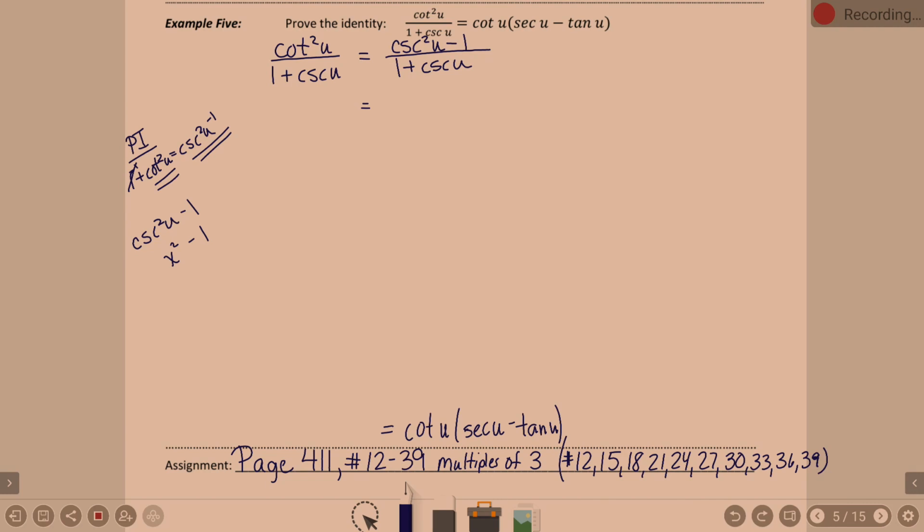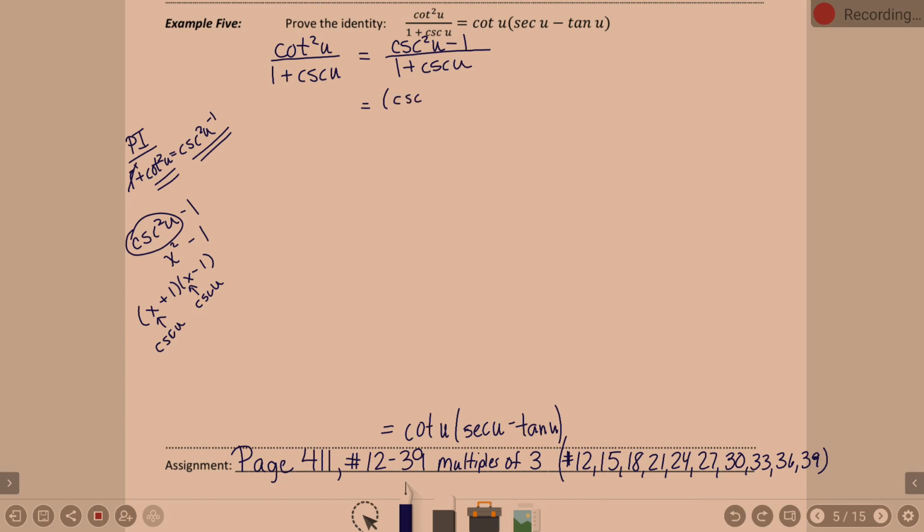X squared minus 1 is difference of squares, right? That means difference of squares factors into x plus 1, x minus 1. Except ours aren't x's. What are they? They're cosecant u's. So thus, this is difference of squares in the numerator.